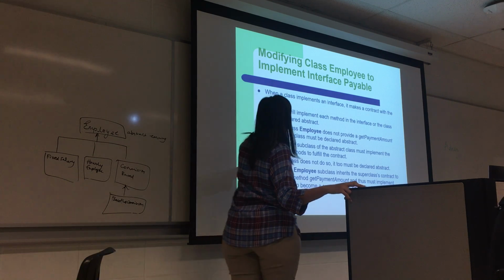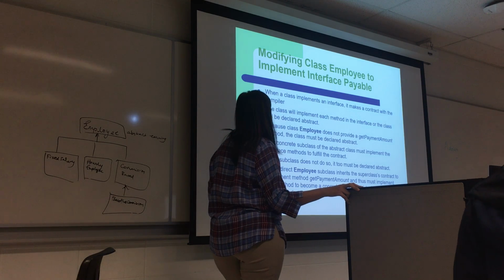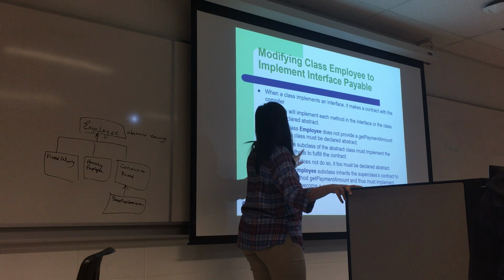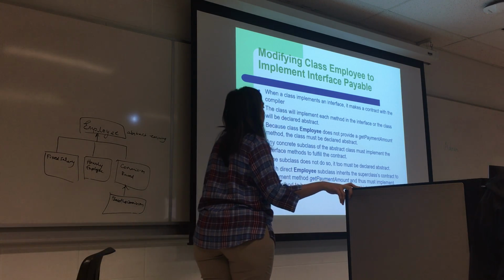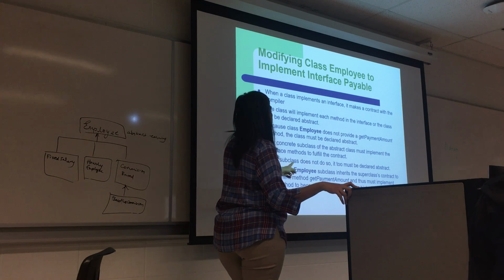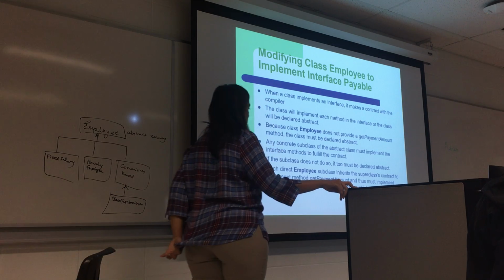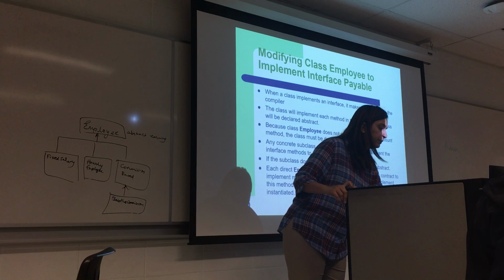But any concrete class of the abstract class must implement this method to fulfill the contract, right? Since employee is inheriting the superclass contract to implement get payment amount, the concrete class should have this get payment amount method.